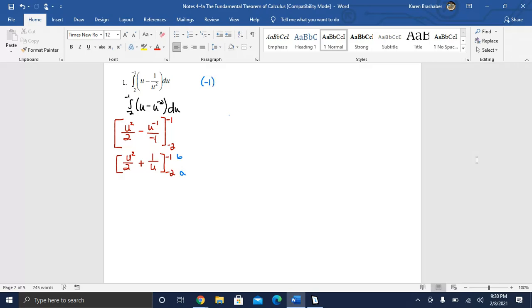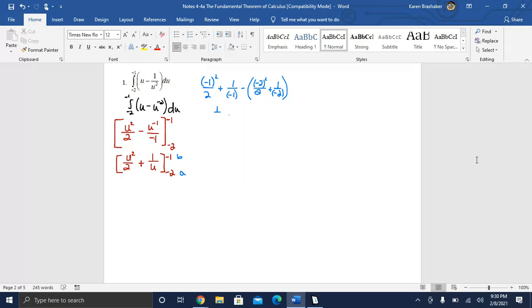We'll substitute in (-1) squared over 2 plus 1 over -1, and then it's minus, and you must use parentheses, (-2) squared over 2 plus 1 over -2. Again, substituting in the b first and then the a into the antiderivative.